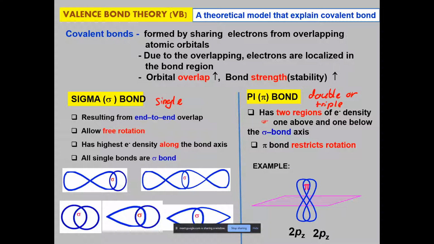For sigma, it is shared when the orbitals overlap head to head, like heads bumping into each other. While pi bond is side to side. And one thing is, the sigma bond can rotate, while the pi bond restricts rotation.